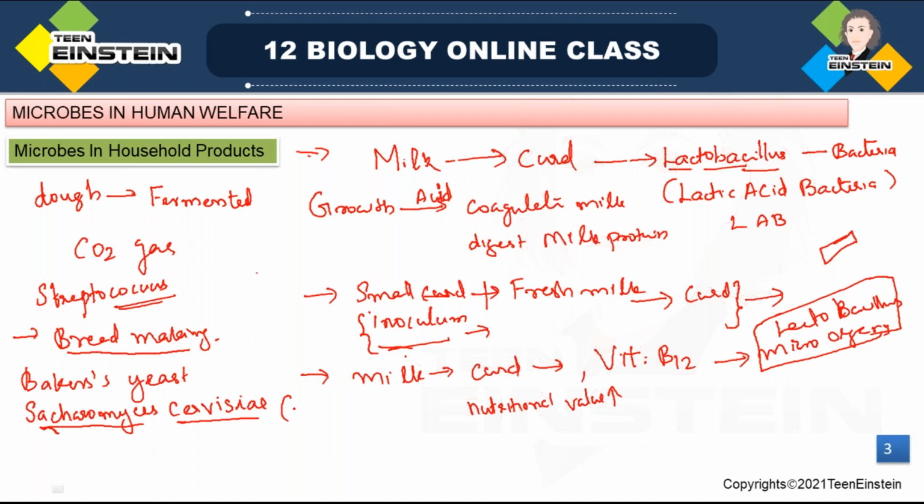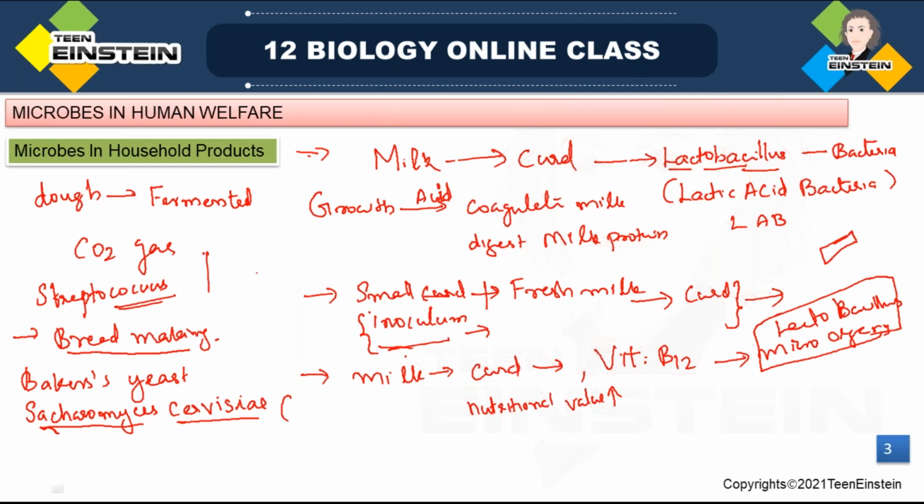Then after making this bread dough, we keep it in the oven or cooker. So at that time this carbon dioxide gas with ethyl alcohol will evaporate during the baking period. So that makes the porous and soft form of that bread or cake.